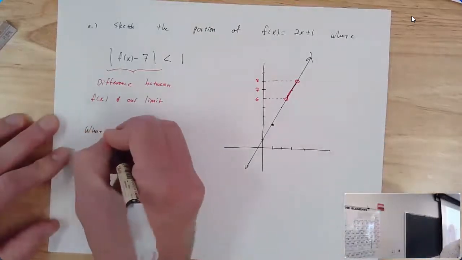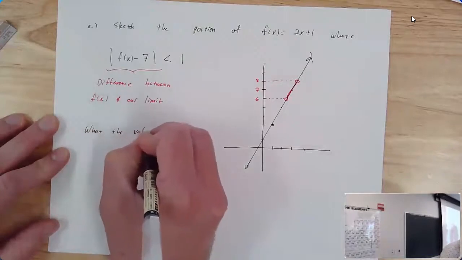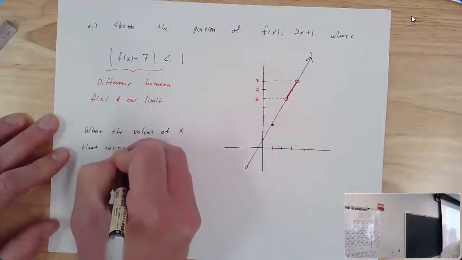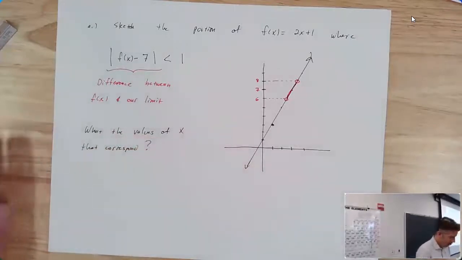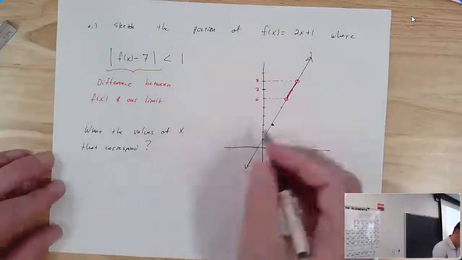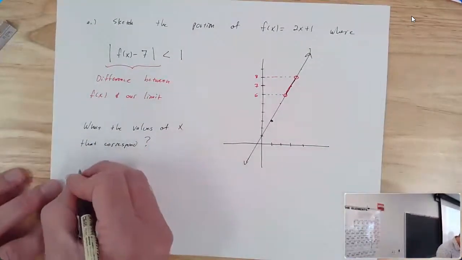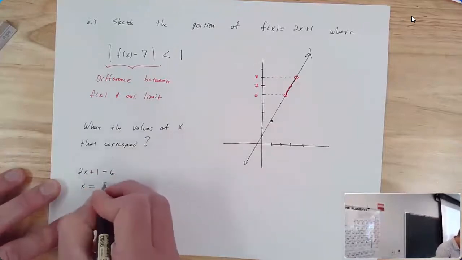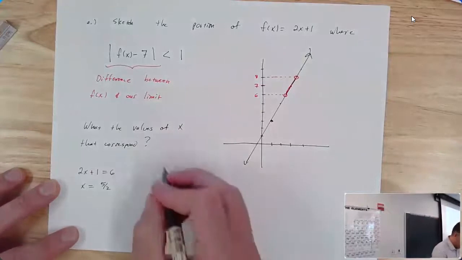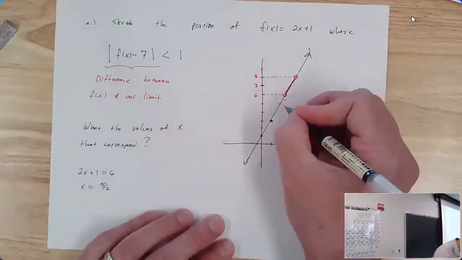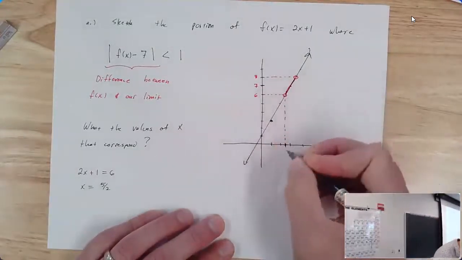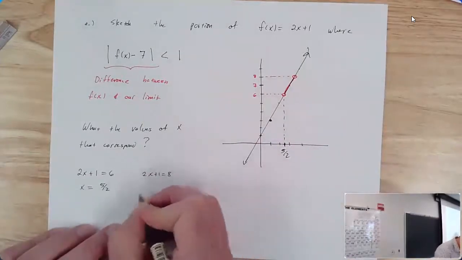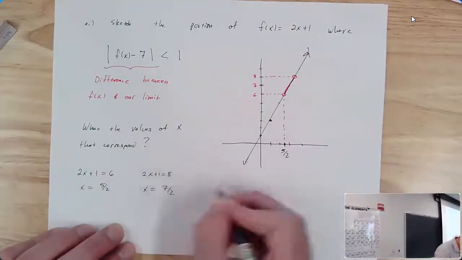And now the question is, what are the x values that correspond to this portion? Well, let's see. If my function is equal to 6, x is equal to 6 minus 1 divided by 2. And if my function is equal to 8, then x is equal to 8 minus 1 divided by 2.